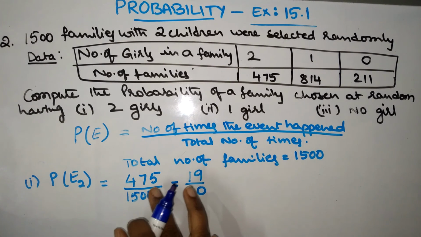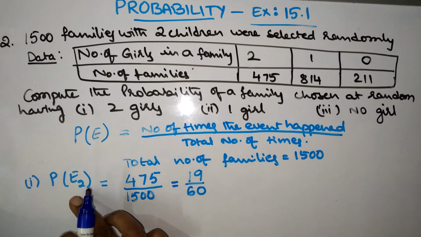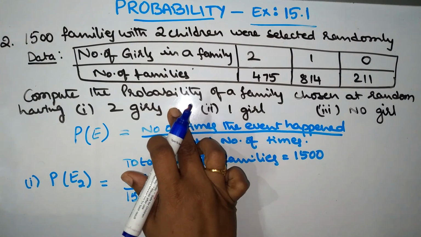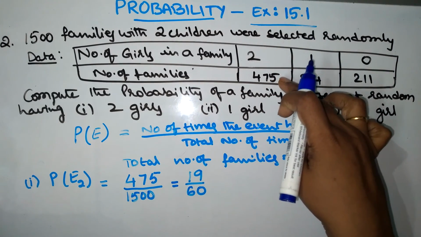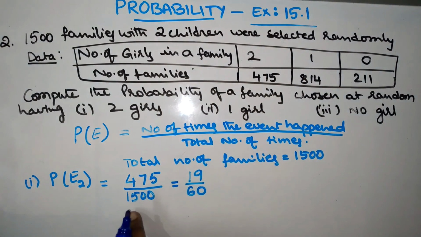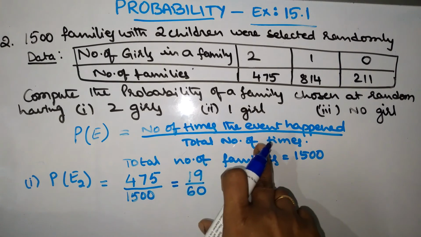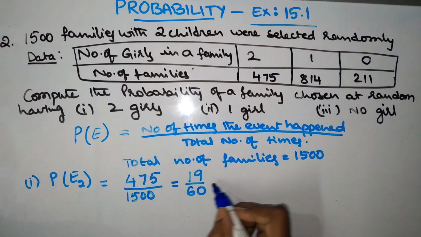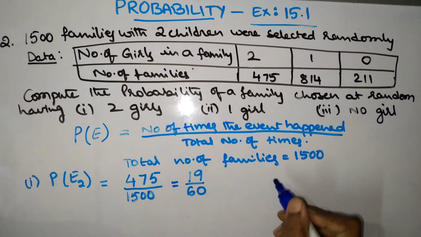So what we have done here? We have calculated the probability of having 2 girls in a family. 475 divided by the total number of families, that is 1500. Okay, so this is P of E2.